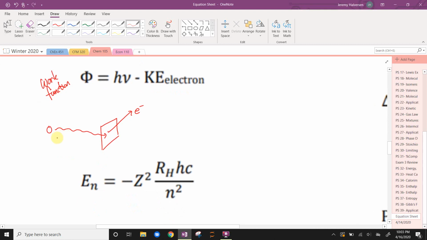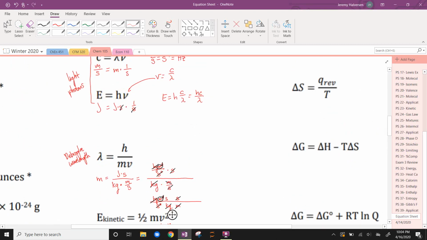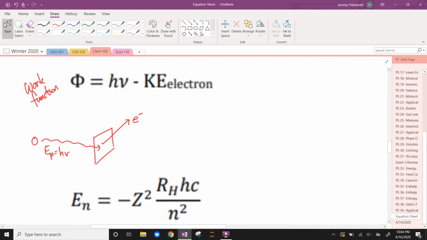We have the energy of the photon, which is equal to h nu, and we know that because right here, energy is equal to h nu. Then we have the work function right here, which is kind of like the energy of the metal. It is the minimum energy a photon needs to kick off an electron. And then this electron has kinetic energy.